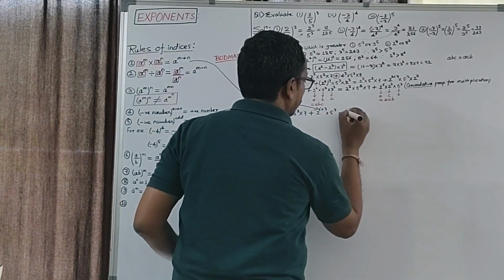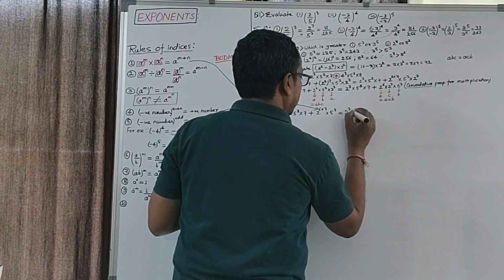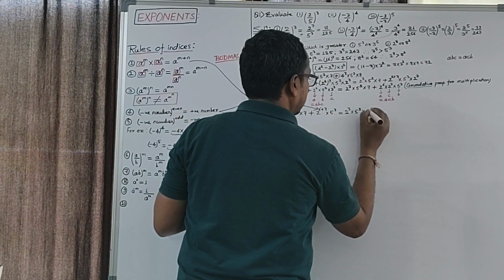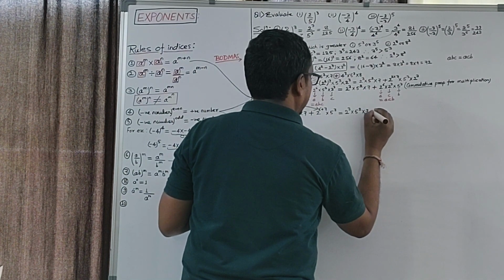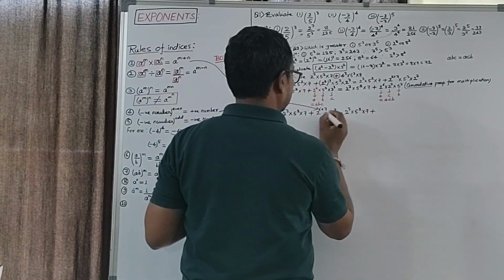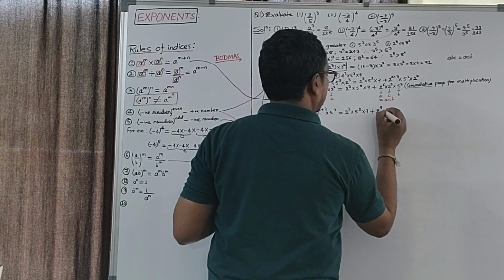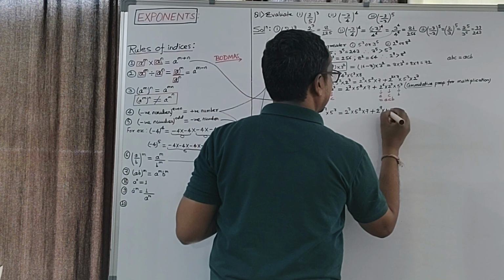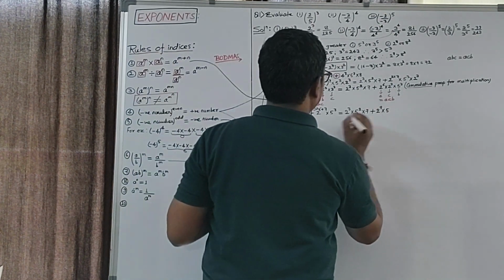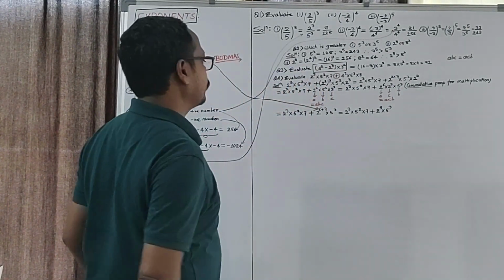So now we rewrite it as 2 to the power 3 into 5 square into 7, plus 2 to the power 9, 6 plus 3 is 9, into 5 to the power 3.